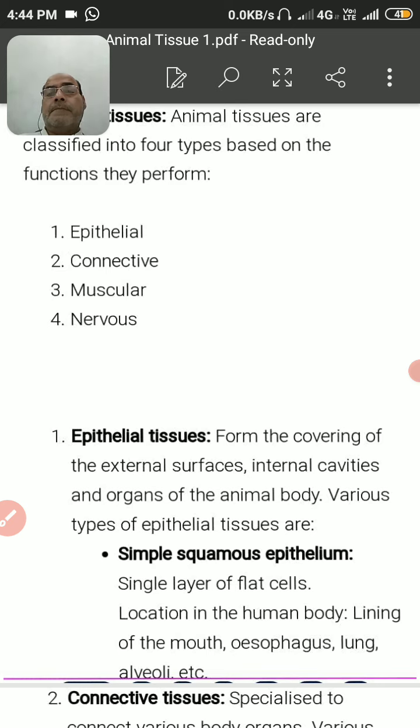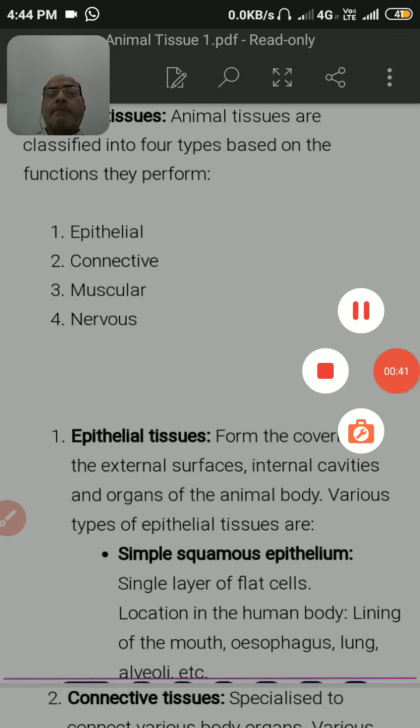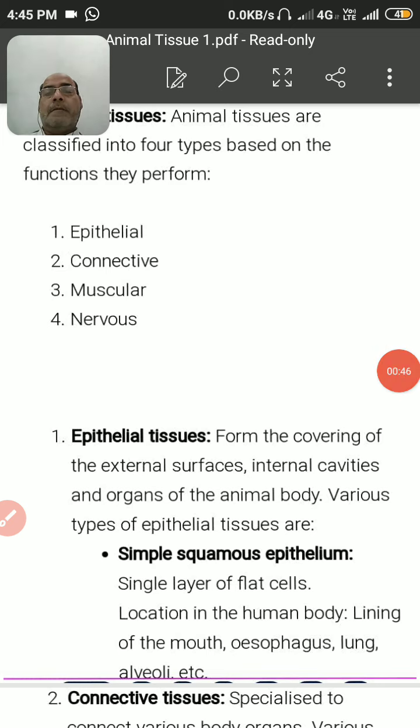Dear students, if you consider the difference between animal tissue and plant tissue, animal tissues are so soft as compared to plant tissue, and animals are moving in nature. Because of moving in nature, there are many differences in tissue organization in animals as compared to plants.